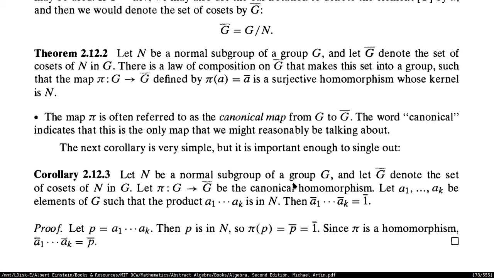And this map is called the canonical map from G to G bar. Right? So the word canonical just indicates that this is the only map that we might reasonably be talking about when we say that we are taking an element to its coset. Right? So it's fundamentally the only map that we can construct with this information.